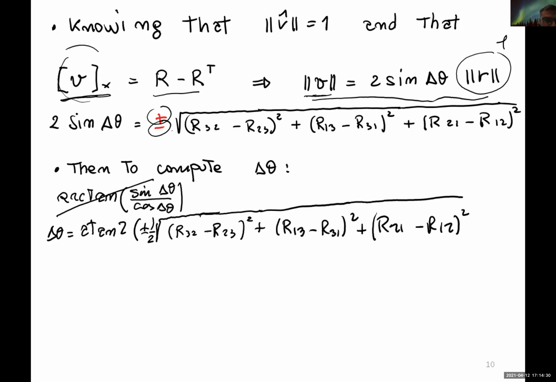And the second argument is the cosine that we found before, which is the trace minus 1, divided by 2.